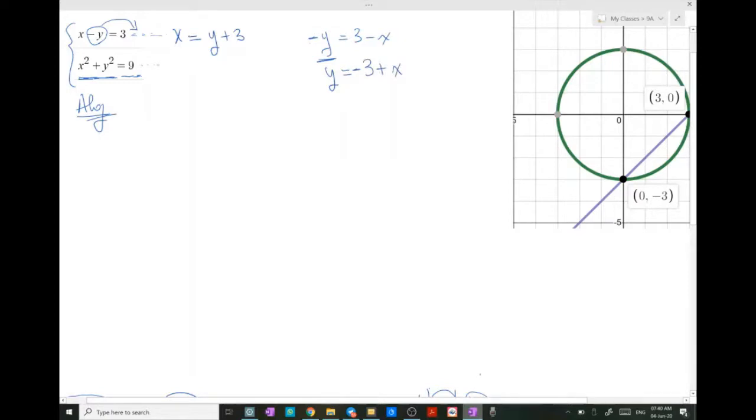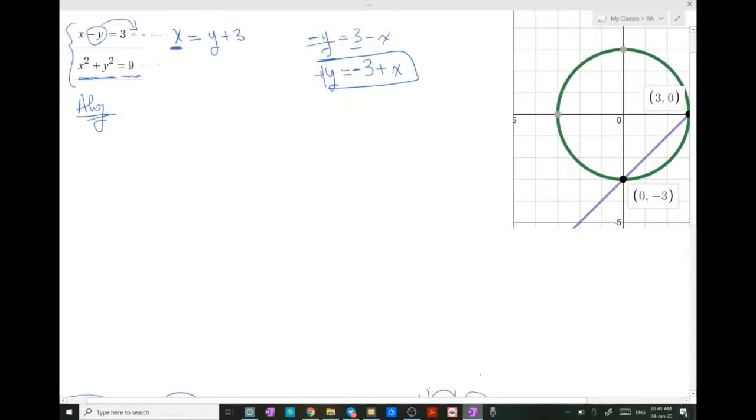Minus times minus is plus, plus times minus is minus. So in order not to do an extra step and get confused with minus, I used x as the subject, and I'm going to work with it.